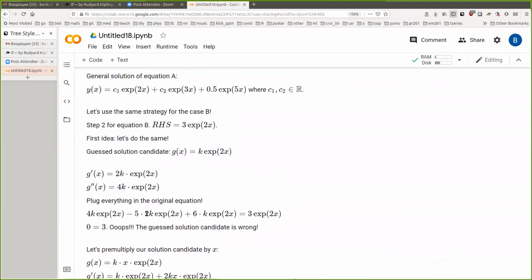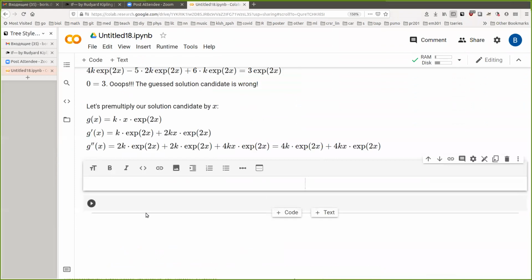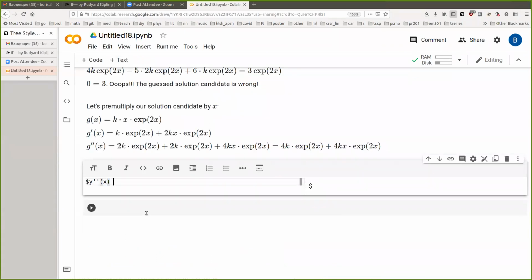I just recall that this is my original equation, plus 6y of x equals to 3 exponent of 2x.